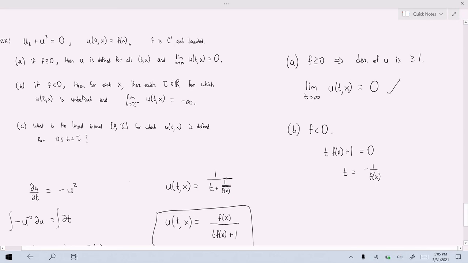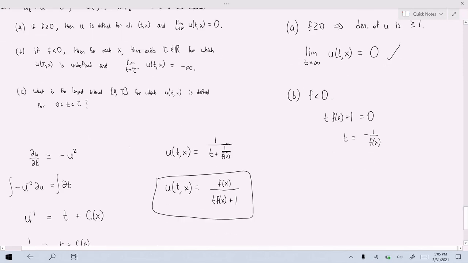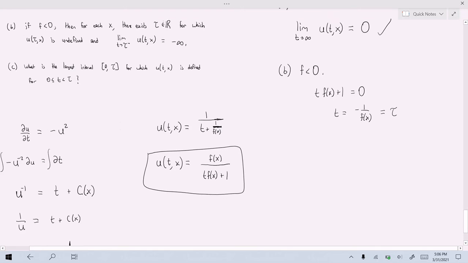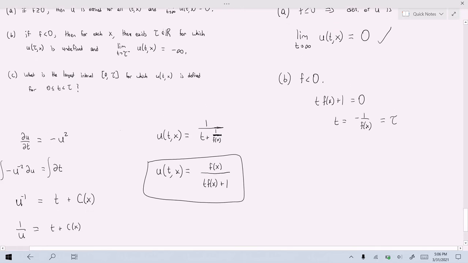We really are assuming in this problem that t is going to be greater than or equal to 0, okay? So since f is negative in part B, this is a positive time t. So for this time t, this would be the time tau, which is kind of referenced in part B. So u evaluated at this time tau and x would be undefined because the denominator would be 0.